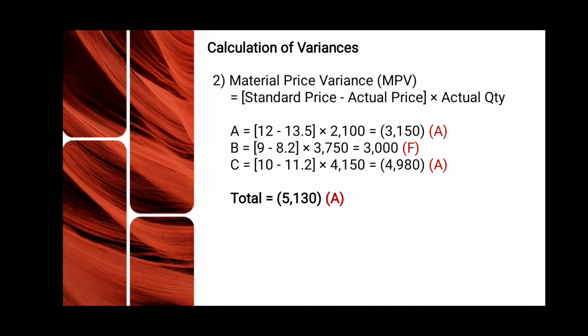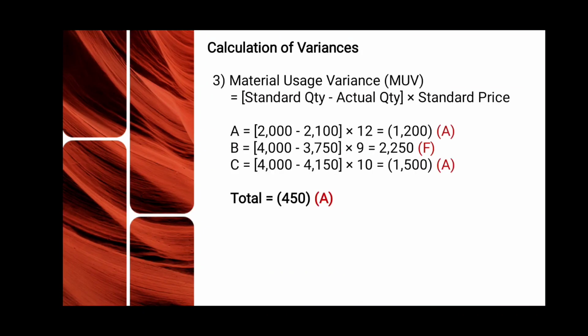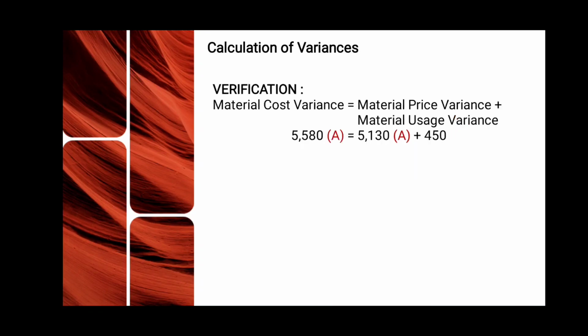So the material price variance amount is negative, that is 5130. So we'll record it rupees 5130, that is adverse, plus material usage variance. So the amount is 450, which is negative. So we'll record it 450, that is adverse.